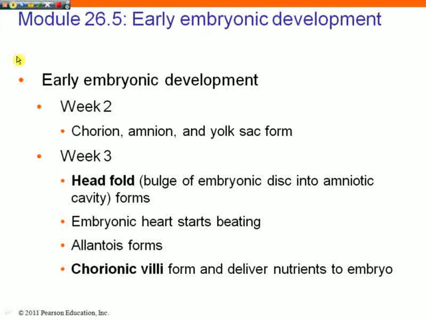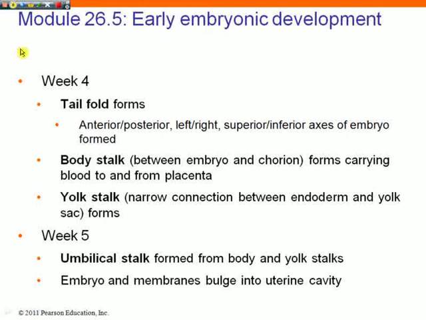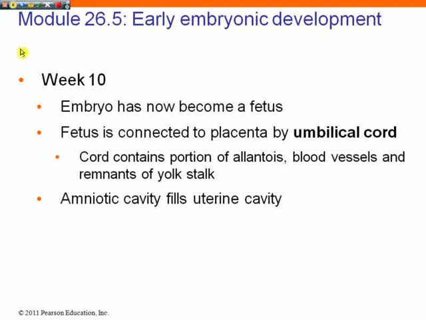It is at week 3 that the embryonic heart starts beating. Chorionic villi is formed. At about week 5, the umbilical stalk forms from the body and yolk stalks, and this will become the umbilical cord. At week 10, the embryo is now a fetus.